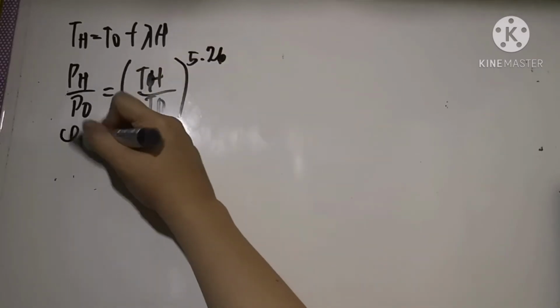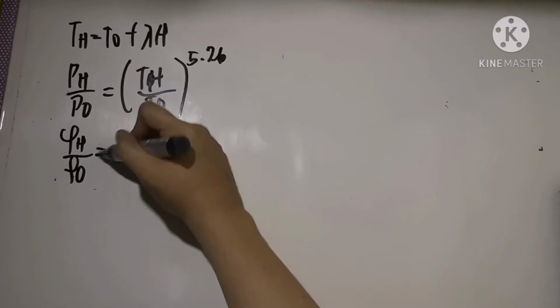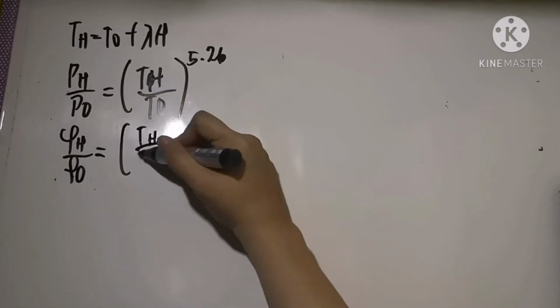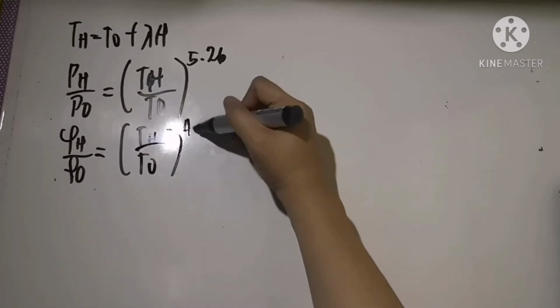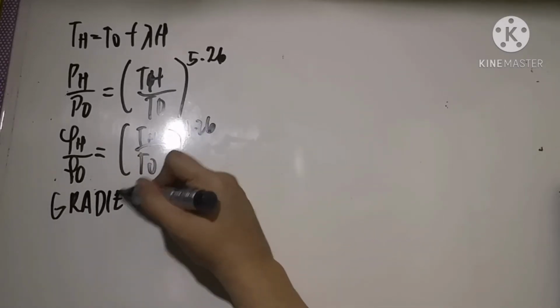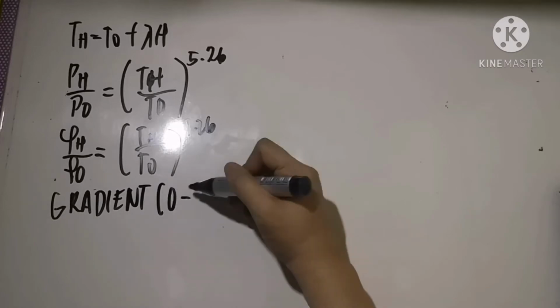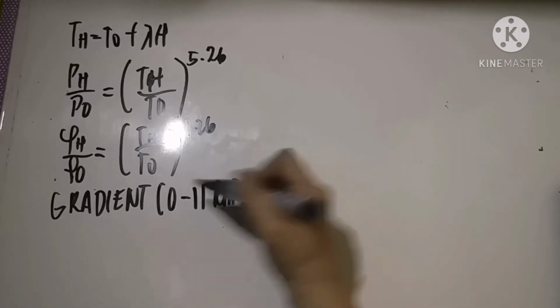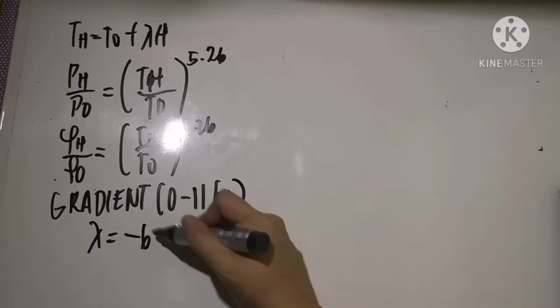And then this one. These are all for gradient region. Na gradient region from 0 kilometers to 11 kilometers, wherein your lapse rate is negative 6.5.